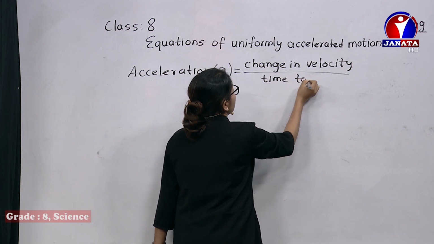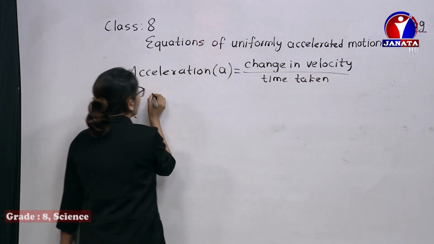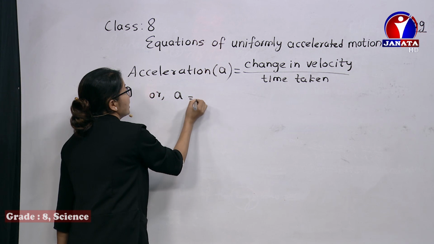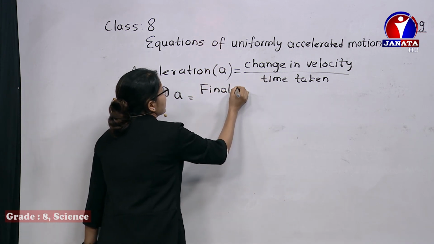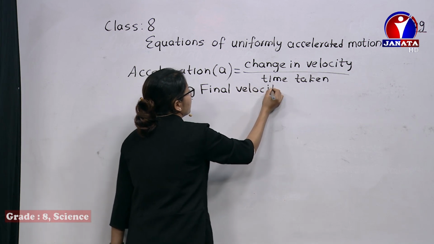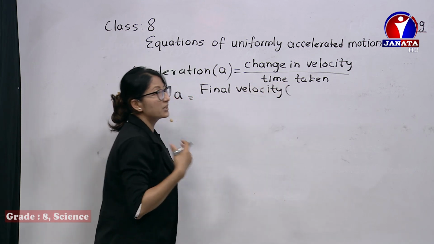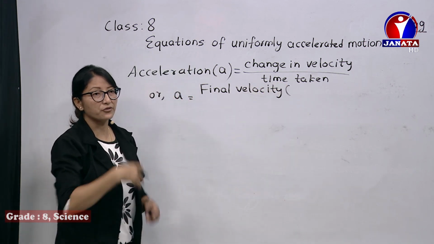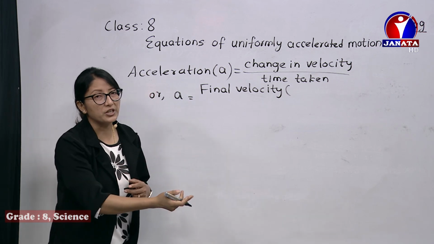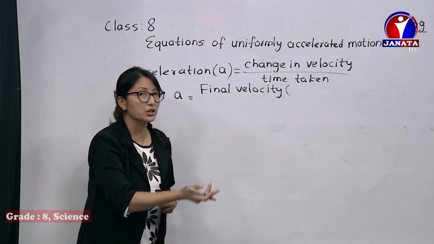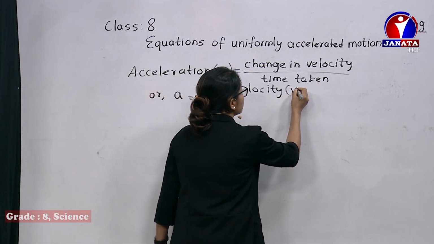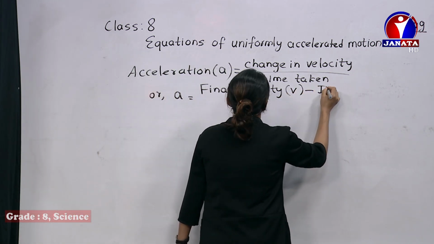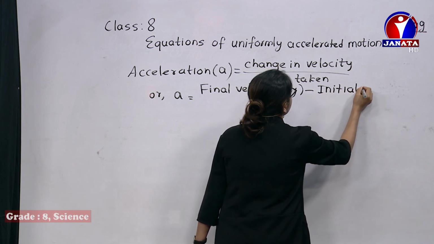So A is equal to change in velocity. Change in velocity means in the beginning it was traveling with velocity U, and finally its last velocity was V. So the change in velocity is the new one minus the old one, or final minus initial. So final velocity V minus initial velocity U.